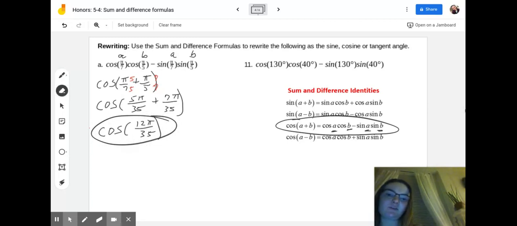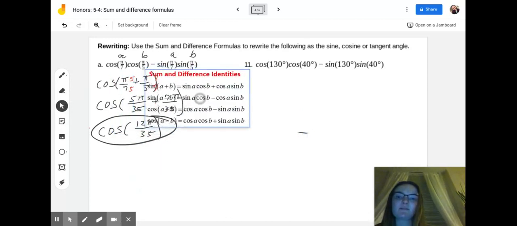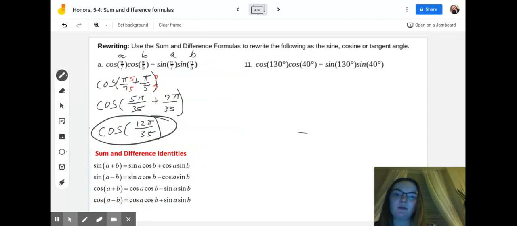All right, let's try the next one. I want to use the same thing. How can I use sum and difference formulas to rewrite this as a single trig function? Well, I have cosine of A times cosine of B minus sine of A times sine of B. This one is the same format, so I'll use the same approach.